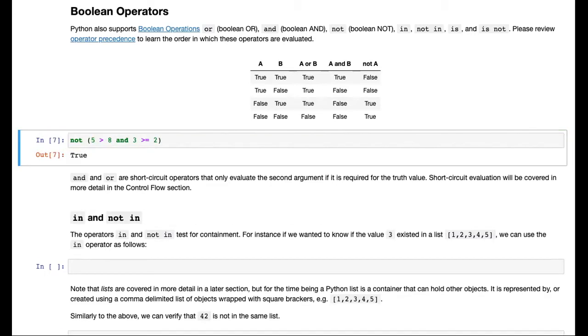The parentheses here have precedence, so the and expression contained within them is evaluated first. In this expression, the left side would be evaluated first, so 5 is greater than 8, which is false. Now we know from our truth table above that if either input to the and is false, then the result will always be false.